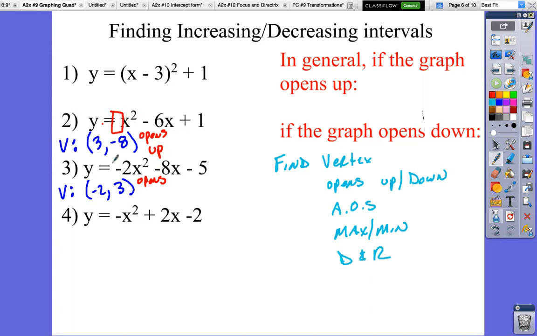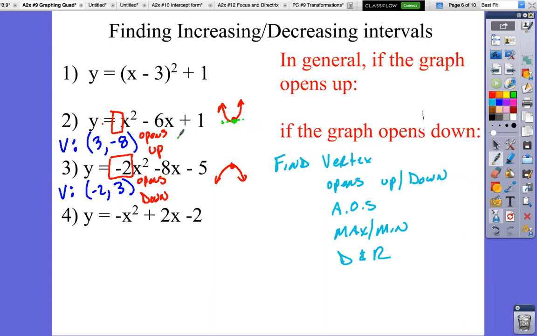Exactly, because your A is positive. So number 3 opens how? Down, because A is negative. Perfect. So again, I'm doing these two together so that you can compare. So I'll change to green. So if it opens up, is this a maximum or minimum value? Is this the lowest or highest point on this graph? Minimum.